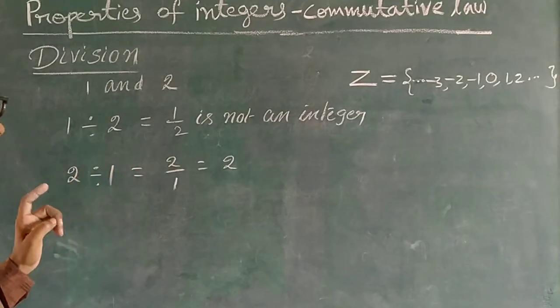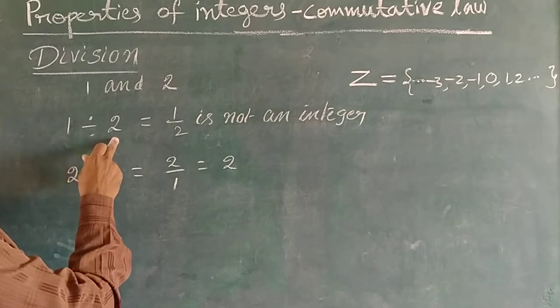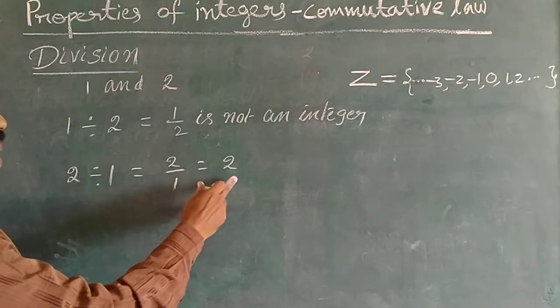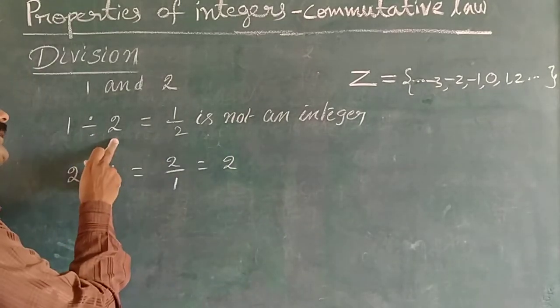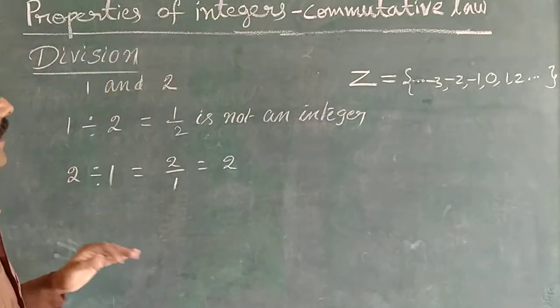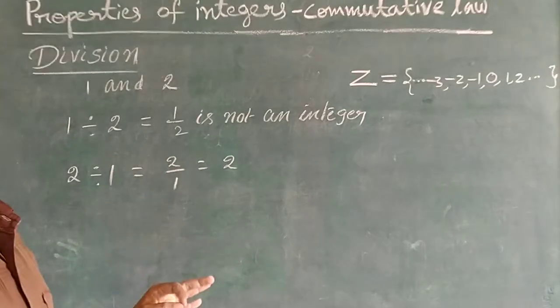Okay, but in closure law, A divided by B is checked individually. So here in closure law, 2 divided by 1 is 2, an integer. But 1 divided by 2, 1 by 2, is not an integer. Individually we are checking in closure law, but in commutative law both results must be equal.